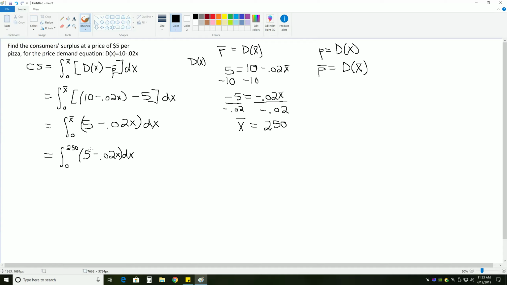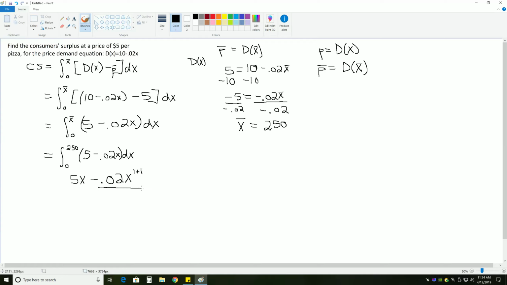Remember, whenever you have any constant by itself, its antiderivative is 5 times the variable that you had with your d of x. So in this case, x; if it were dt, it'd be t. If it were du, it'd be u, and so on.